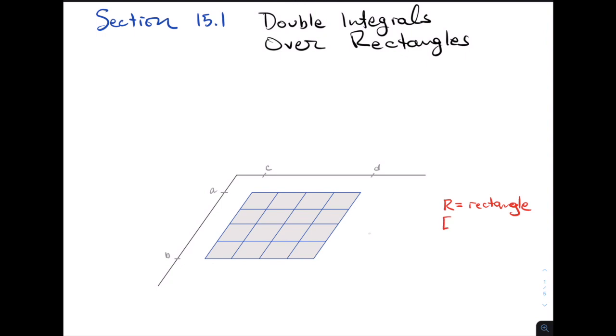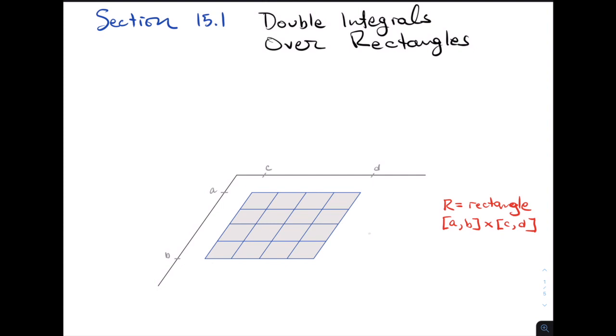And we'll say that it's a cross product, and this is not a vector cross product, but an interval on the x-axis, AB, a set of values, crossed with another interval, CD, on the y-axis.